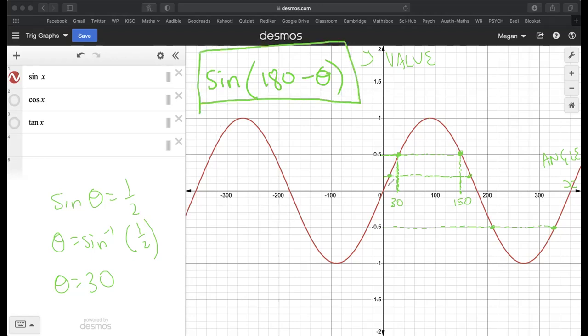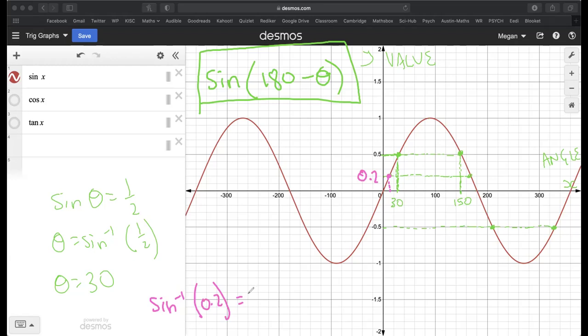So whatever angle you find by doing this, you just do 180 minus whatever that is, and that gives you the other one. So let's say that I was doing 0.2. So guys, focus. If this is 0.2, then I'm going to say the inverse sine of 0.2, what's that?